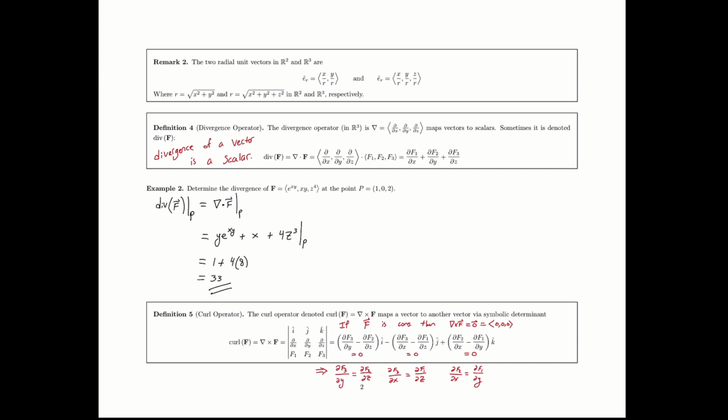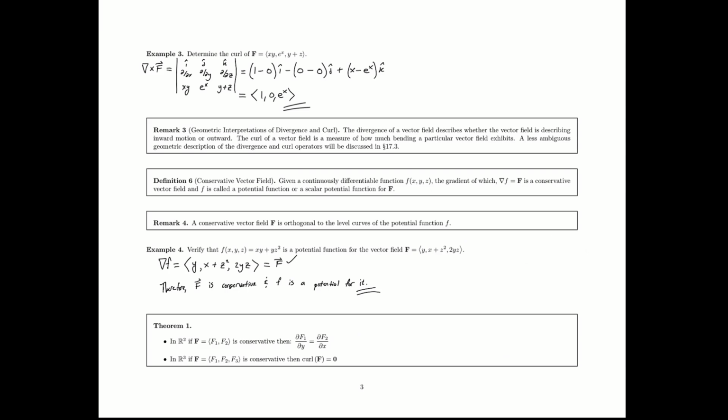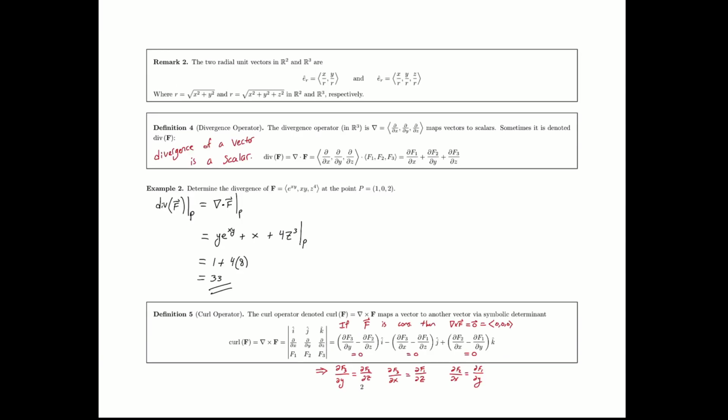And do you see how this right here is the two-dimensional criterion? If we go back to the previous page, this is the two-dimensional criterion, or consequent, and that exactly repeats over here. We don't have these other conditions in the two-dimensional case because each of these terms has an F3 and a z in it.